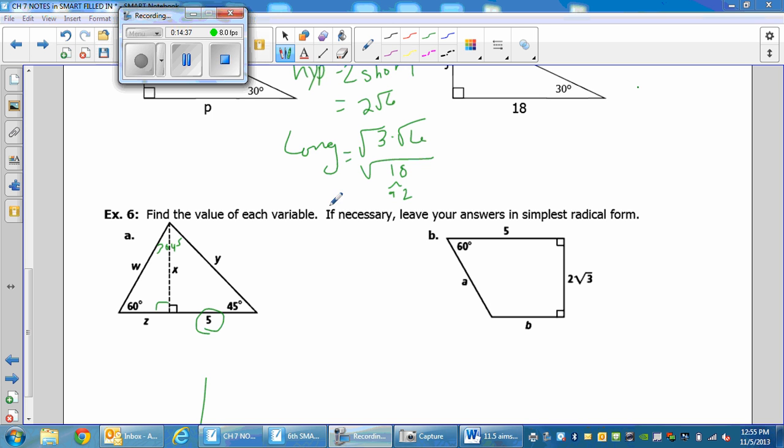So if this leg is 5, then the other leg is also 5, because I'm working at 45, 45, 90, I'm working at 1, 1, 1 radical 2. So I have 5, 5, and then leg radical 2. So that'll be 5 radical 2.